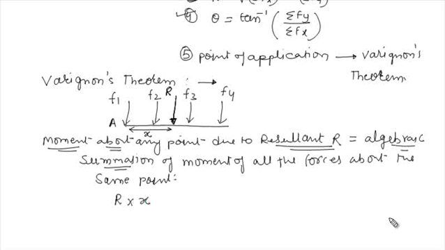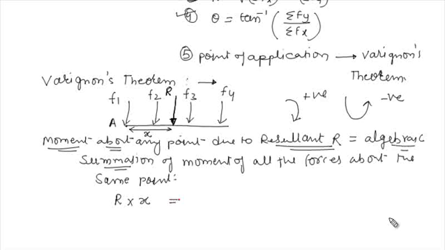And suppose we have to define the direction. So the moment due to this R about A will be in the clockwise direction. Suppose it is positive, and for our understanding the anti-clockwise will be negative.